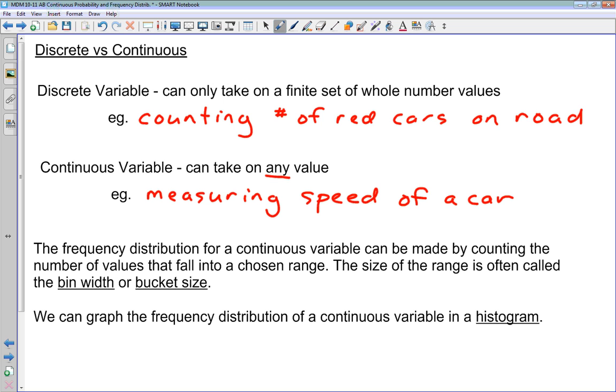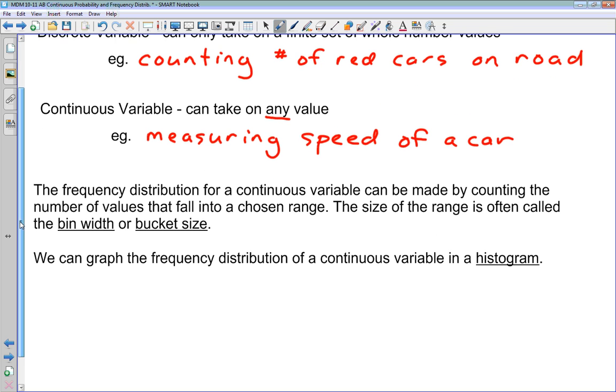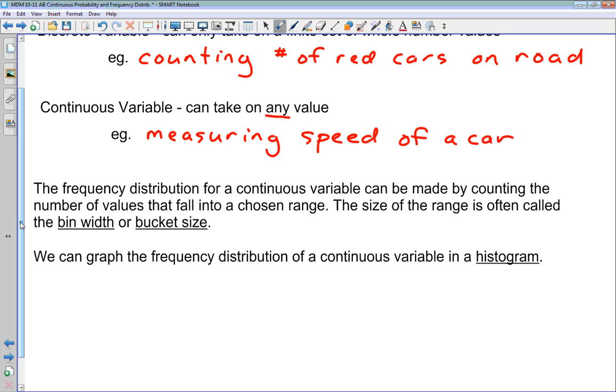Now what we're going to want to do is make frequency distributions for continuous random variables. These can be made by counting the number of values that fall into a chosen range. Because our variable can take on any value, we have to say, I'm going to count the number of values in a particular range and use that to calculate my frequency.